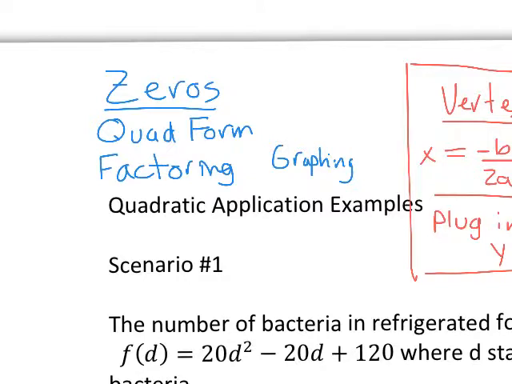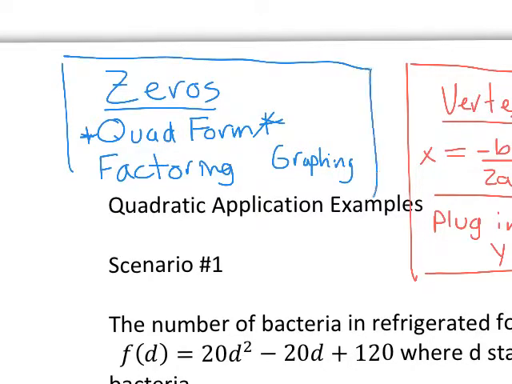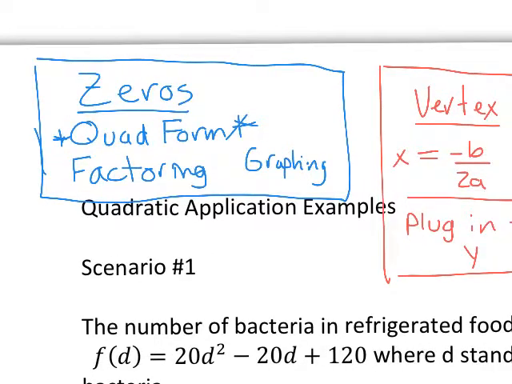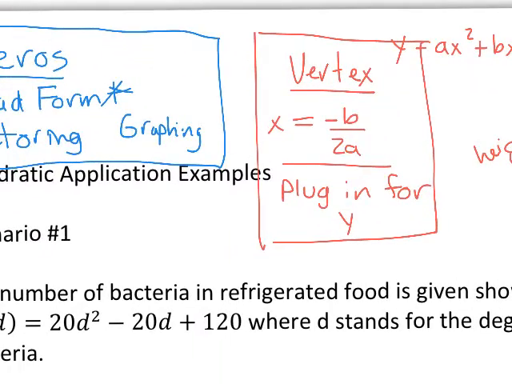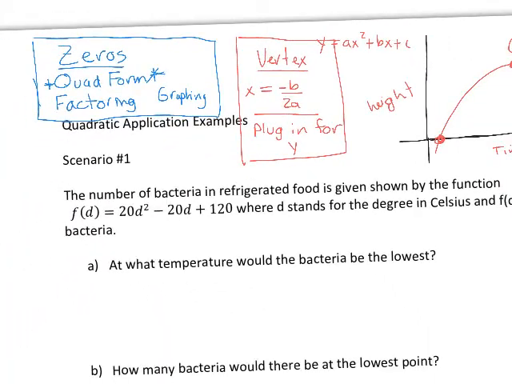You can find the zeros that way. Like I said, the one that I'm going to key in on here is the quadratic formula on this particular video. Okay, so we know how to find our zeros, and we have a general idea of what we're looking for. We know how to find our vertex, and we have a general idea of what we're looking for. So let's actually jump into the problems now.